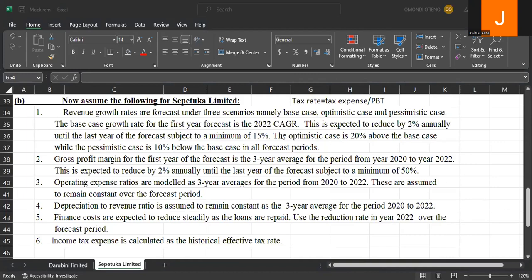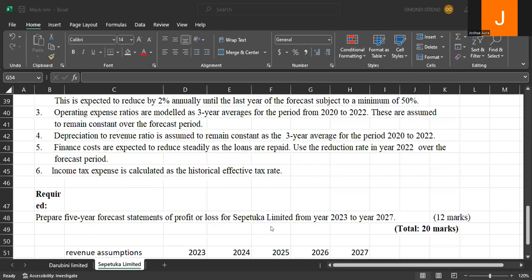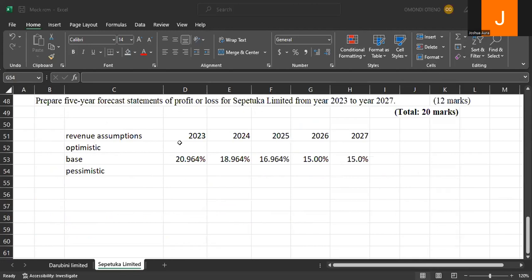So we're told here that the optimistic case is 20% above. So if it's 20% above, that means what here? 120% of the base case. Wanasema, the optimistic case is 20% above the base case. So can we kindly apply this 120% to get the optimistic, go down there to the optimistic.